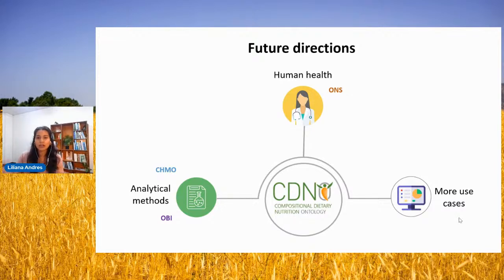And I think there are other scientists as well that might need to share or connect their data with the ontology, so that can also be helpful. And at the end, to connect all the information that we have, and also from these different classes, into human health, we might need to collaborate with the Ontology for Nutritional Studies, ONS. And those are the goals and future directions that we have.